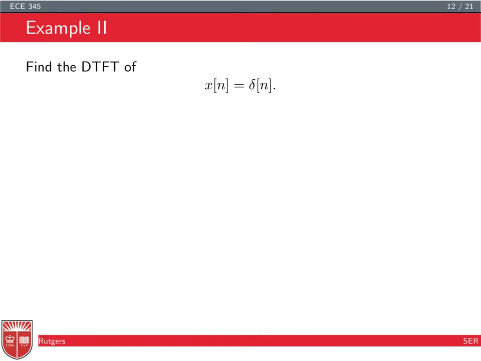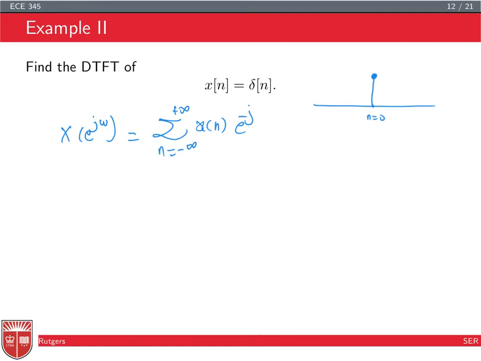Another example is to find the DTFT of the impulse function. So x of n is delta of n. It's just an impulse at n equal to 0. If we apply the formula, we know that X of e to the j omega is equal to the sum over n of x of n e to the minus j omega n.